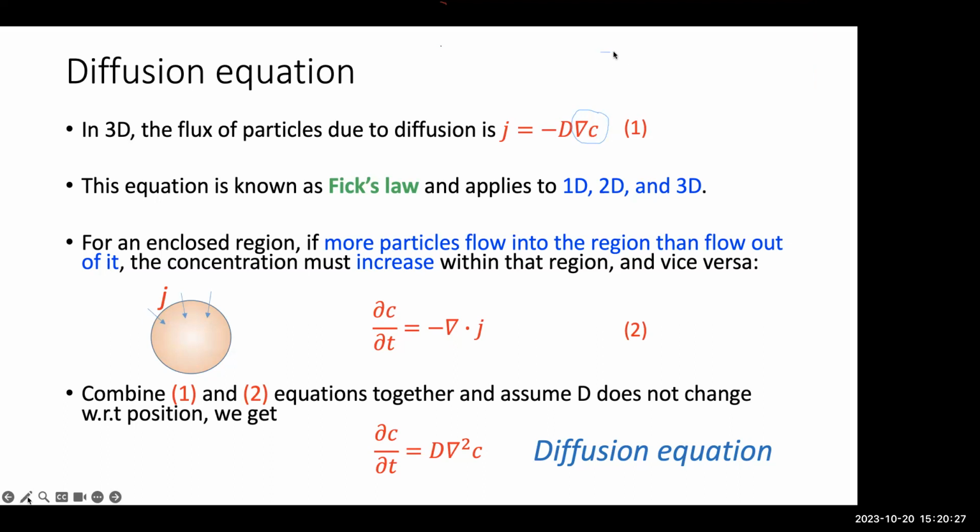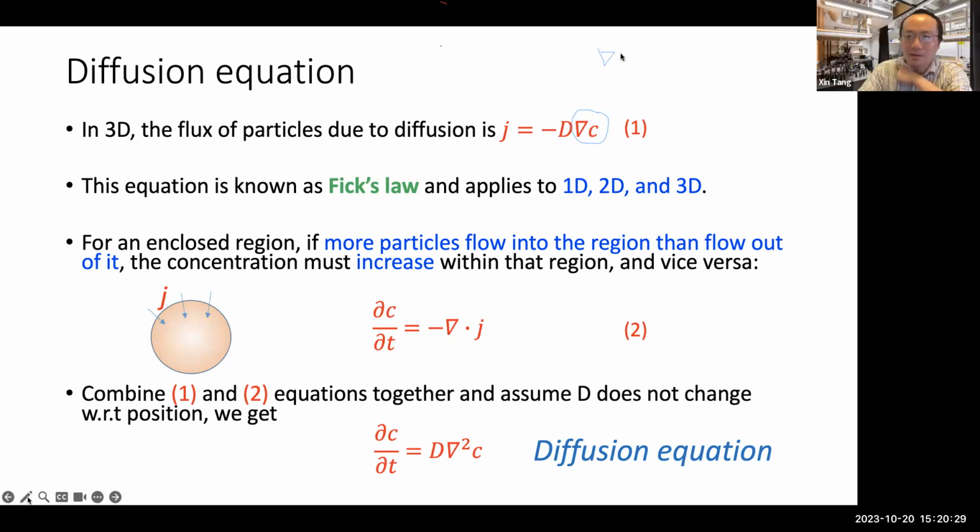Now, if you take the gradient of it, it gives you the direction in which the concentration changes most. That is the gradient, right? So that's actually partial C, partial x times the unit vector i. So this is a vector. And then another one is partial C.